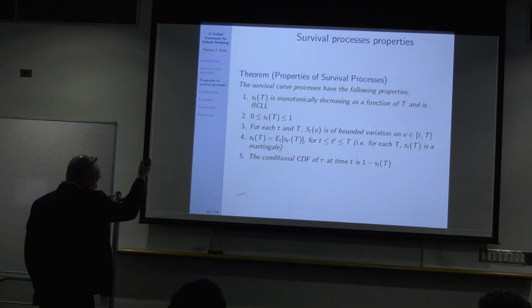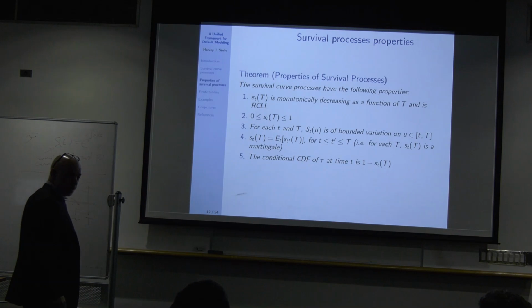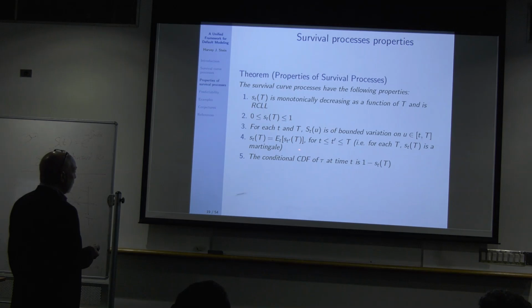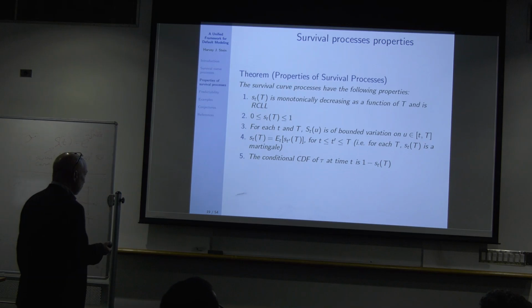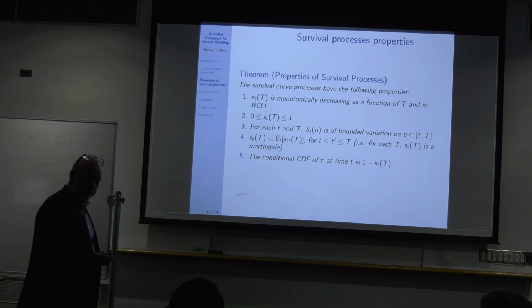So it's just bounded, period. It's monotonic and bounded. That's all you really need here. And then it's equal to the conditional expectation of the future process as well. So in particular, for each cap T, it's a martingale.